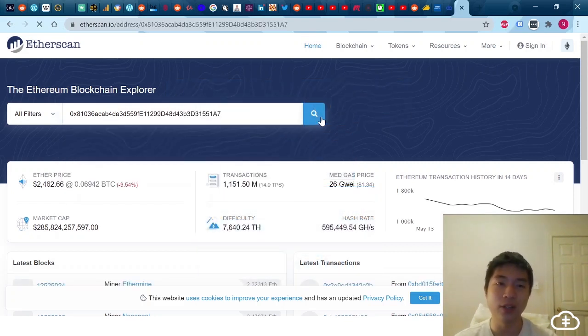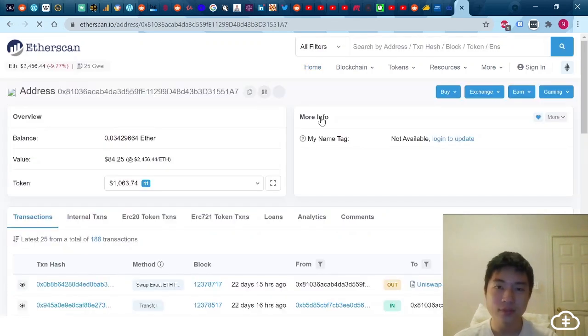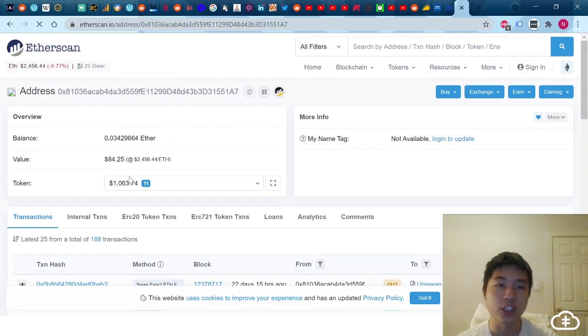So I'm going to go in and click it. And right here you can see the full history of everything that you sent and received and all the tokens that you have. This is one of the benefits, but it's also one of the drawbacks of crypto.